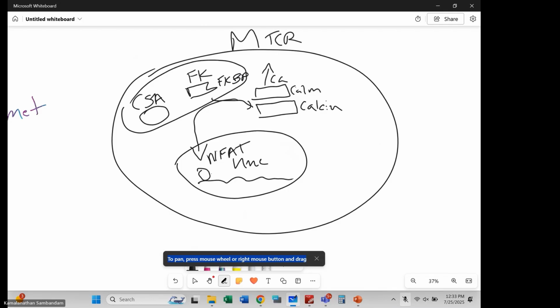Calcineurin is a phosphatase. It takes phosphates off of proteins. So you're inhibiting calcineurin's phosphatase activity. In broad strokes, you should know calcineurin biology. It becomes relevant as we discuss the effect of calcineurin inhibitors on sodium reclamation in the distal convoluted tubule.